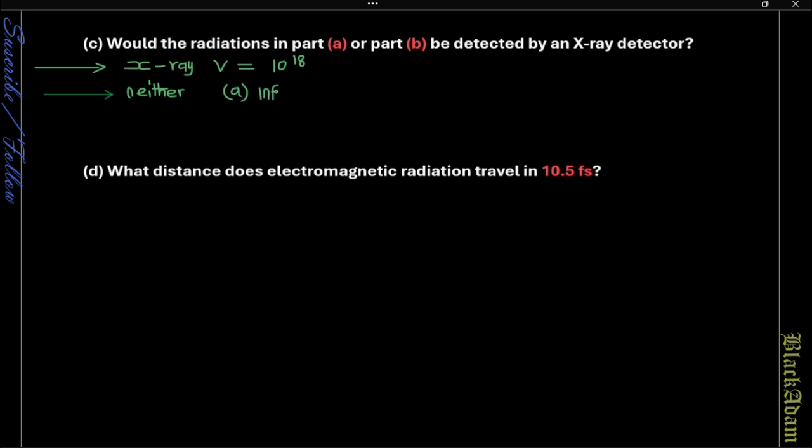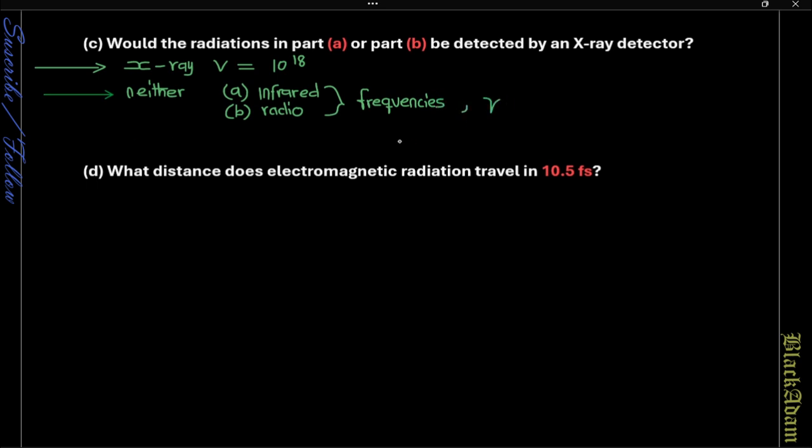So A is infrared, and B is going to be radio. So the radio falls under that category. So those are the frequencies of A and B, and they fall under those ranges.